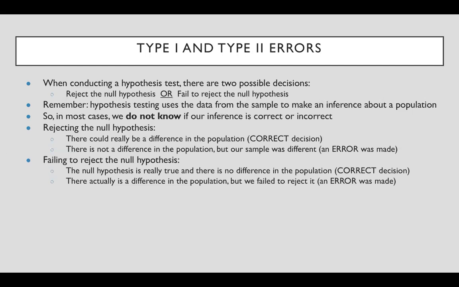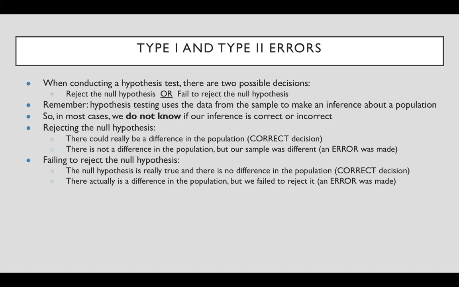We're just estimating based on what we got in our data. If you decide to reject the null hypothesis, in real life there really could be a difference in the population, which is the correct decision we made. Or there could really not be a difference in the population, but our sample just happened to be different. That means that an error was made.